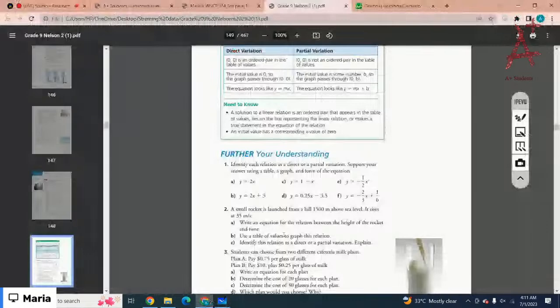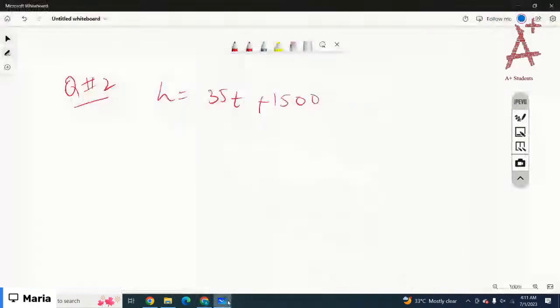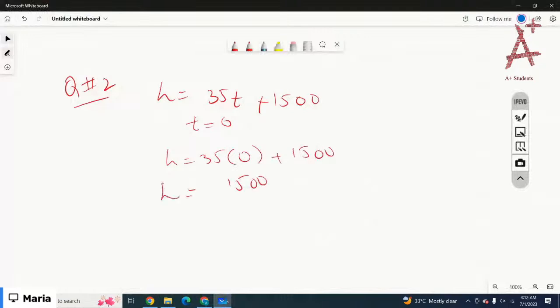Okay, the next one is you have to use a table of values to graph the relation. So you have to use a table of values and then plot a graph. You can just select random values. Let's suppose you have t equals 0. So it would be h equals 35 times 0 plus 1500. So it is 1500. That means when time equals 0, h equals 1500.